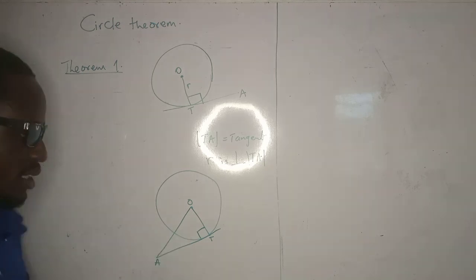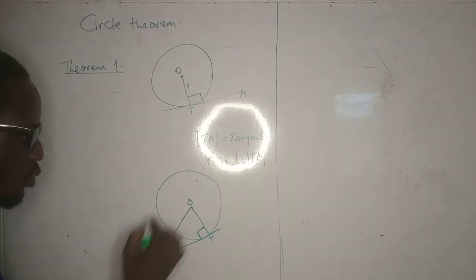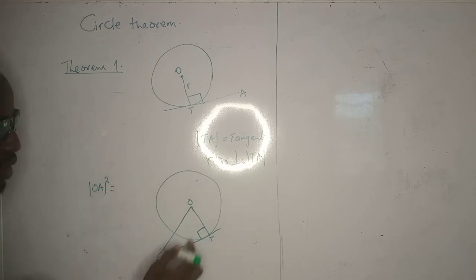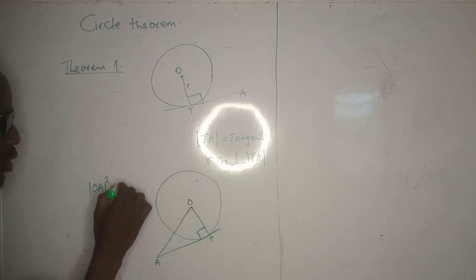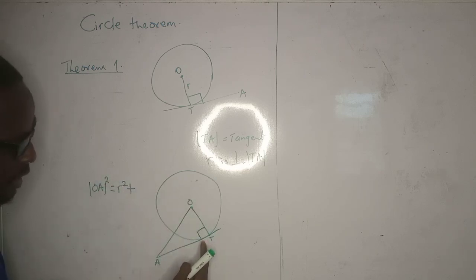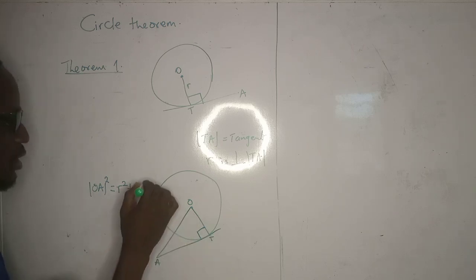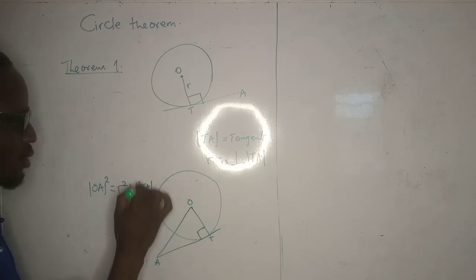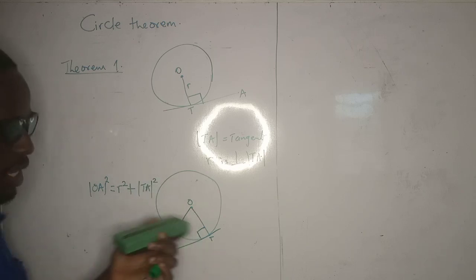So you make use of Pythagoras theorem. Which means OA squared would be R squared plus TA squared, where R is the same thing as OT. So this is one property.